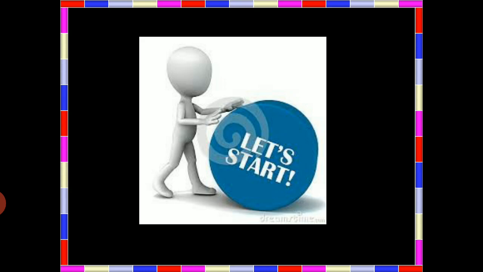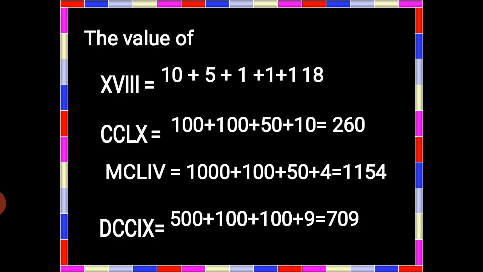Now, let's start with some basic Roman numerals. The value of XVII. Here we know that X represents 10, V represents 5, and I represents 1.